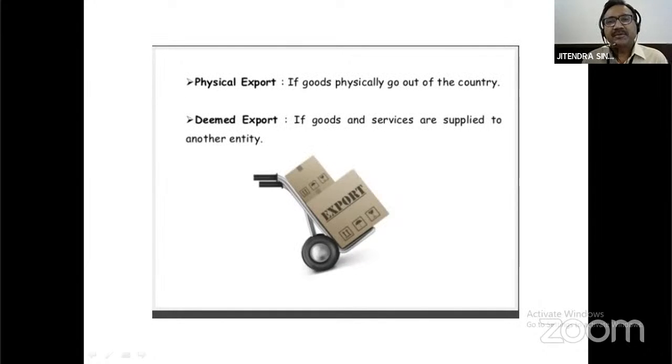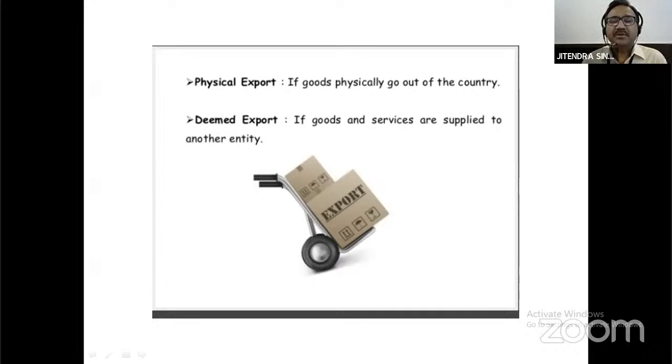Physical export is basically when we export commodities in physical form. Suppose we are exporting machineries, medicines, and food products from India to Southeast Asian countries. It is called physical export. Sometimes we use the term deemed export.